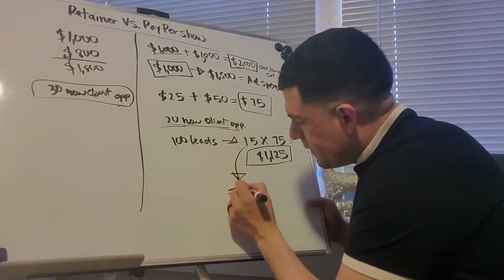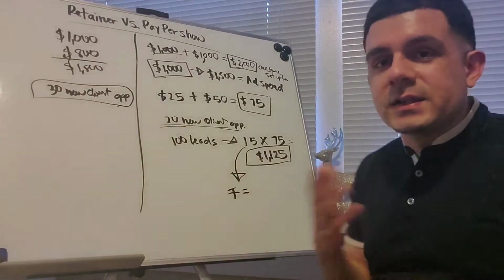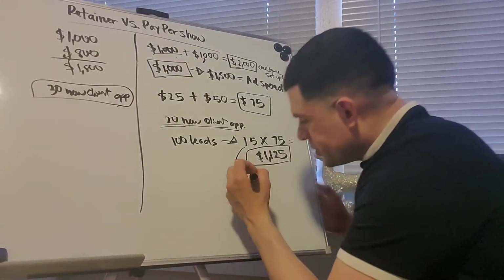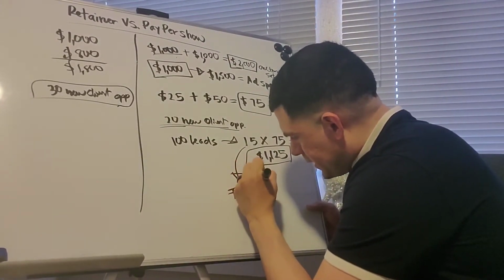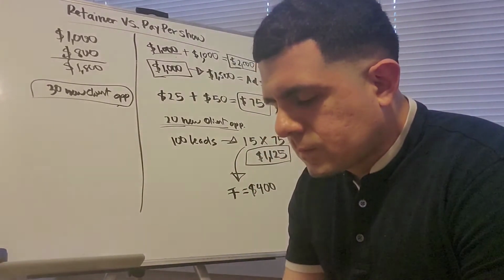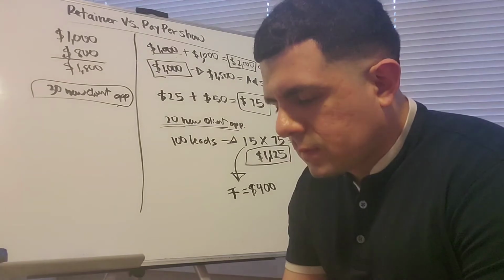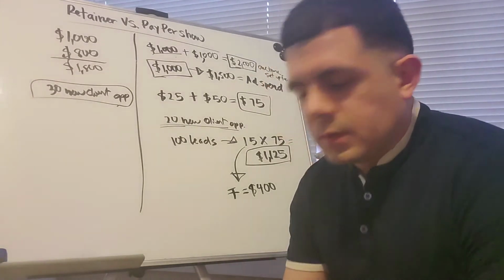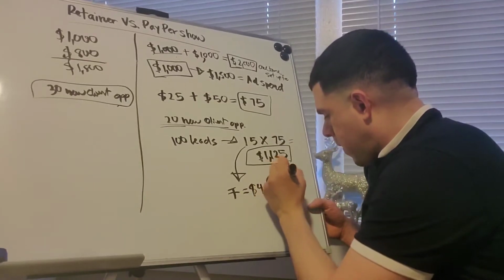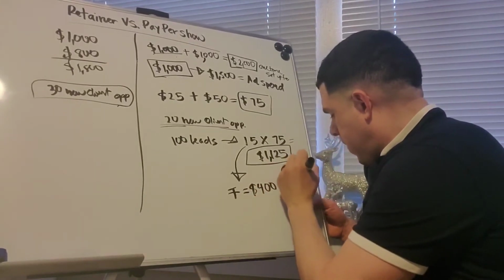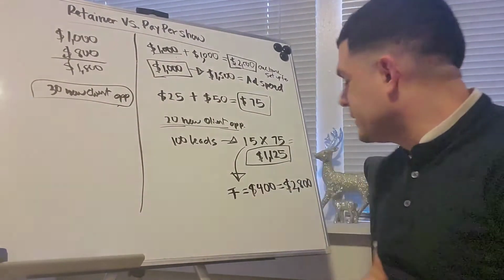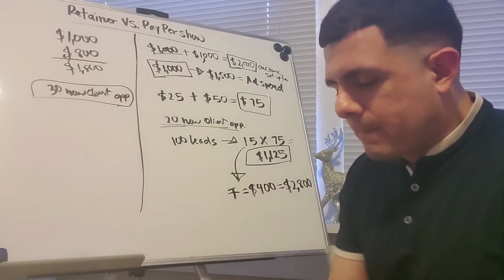So 7, and your client, let's say, has a $400 service that they upsold them to. So they make $2,800. That's how much they make, $2,800.